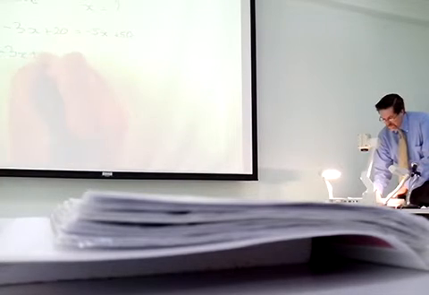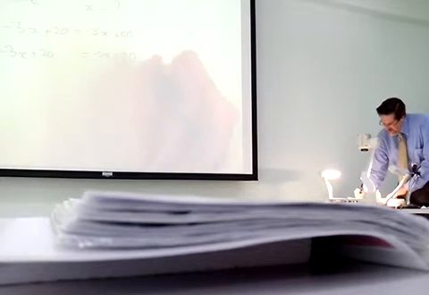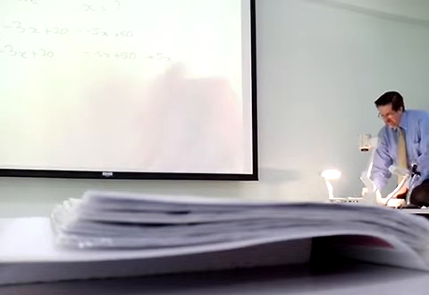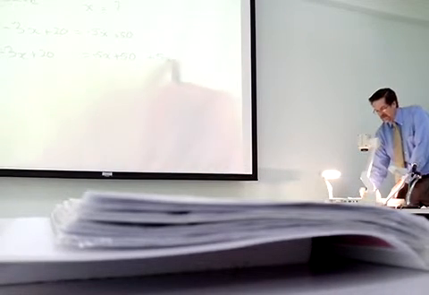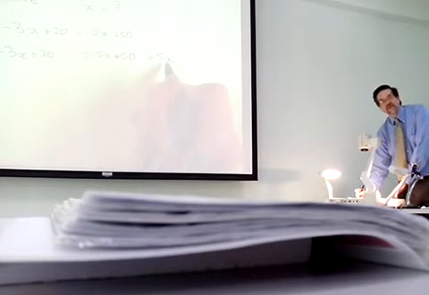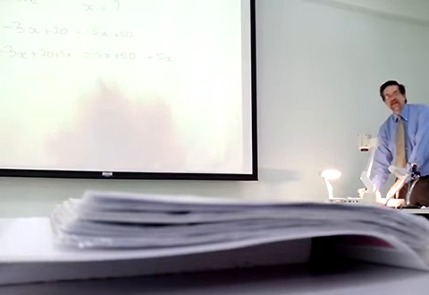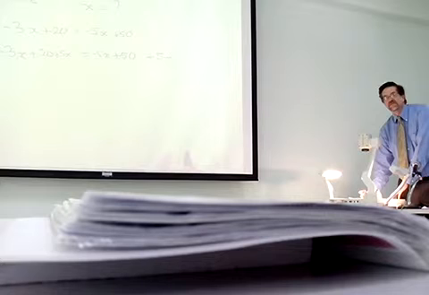So I want to add 5x to the right. If I add 5x, it cancels with this one. But if I add 5x to the right, I've got to add 5x to the middle. Do you understand that step?